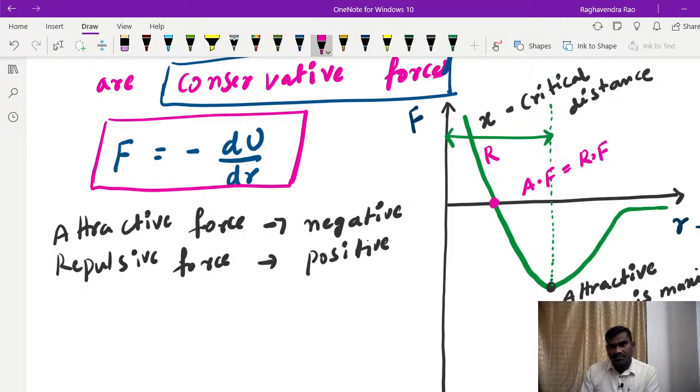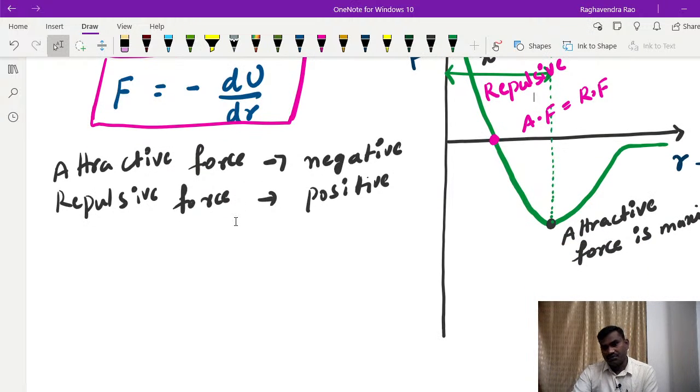In the positive coordinate the repulsive force is positive, and in the negative coordinate the attractive force becomes maximum at a particular point. The separation between the two atoms where the attractive force is maximum is called the critical distance. This is how the force changes with respect to the separation between the two atoms.